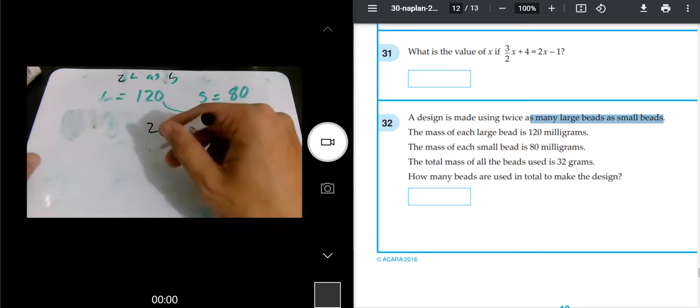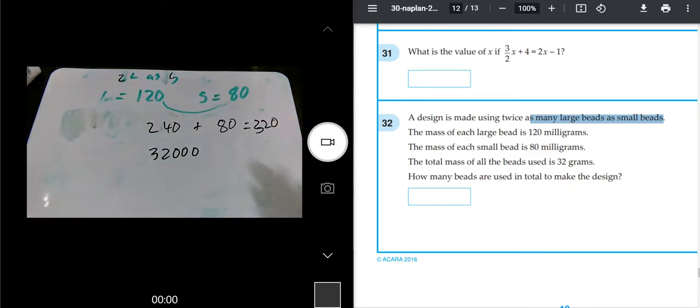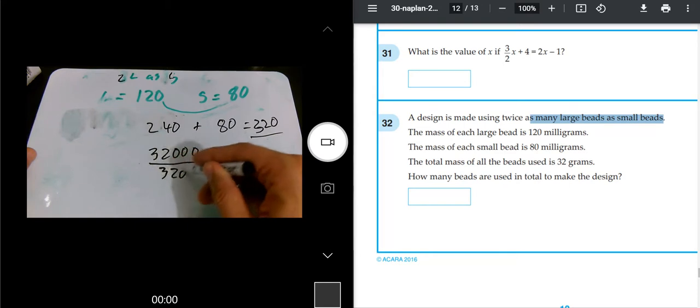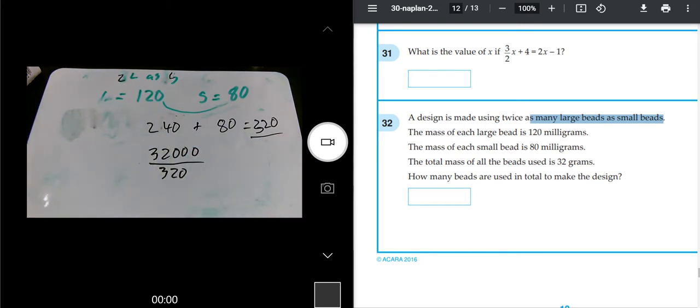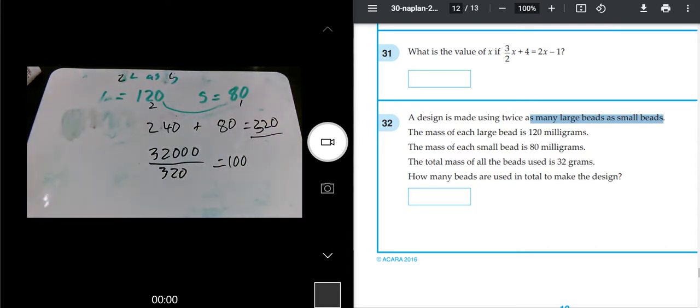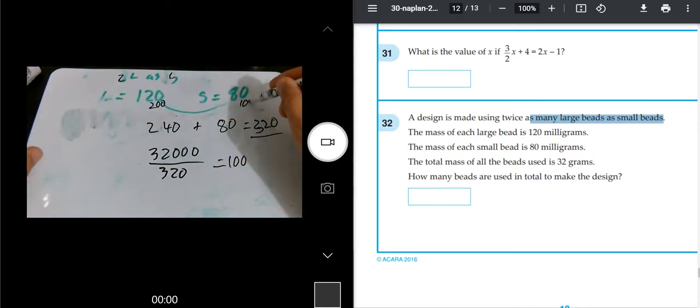We're trying to get 32,000 grams in total, and we've already been given 320. If you divide 32,000 by 320, that already tells you how many sets of each you need, and that gives you 100. So you need 100 sets of 2 larges and 100 sets of 1 small, which gives us 200 larges, 100 smalls, which is another way to make the answer.